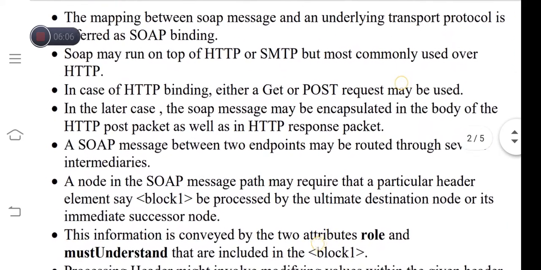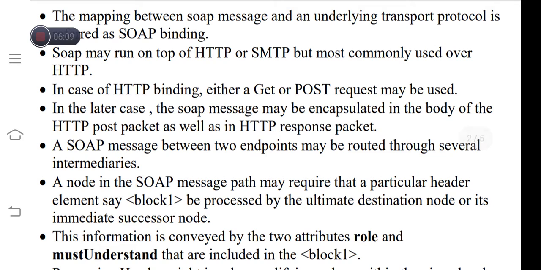Now, the SOAP message between the two endpoints may be routed through several intermediaries also. Therefore, a node in a SOAP message path may require that a particular header element, let us say Block1, be processed by the ultimate destination node or its intermediate successor node.